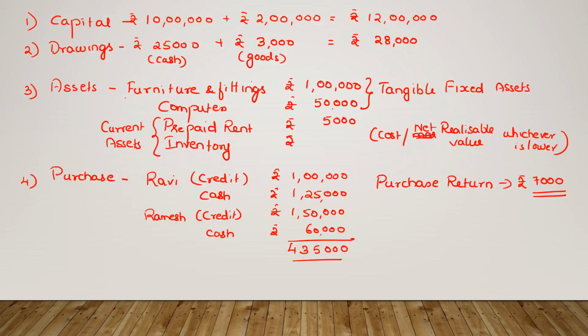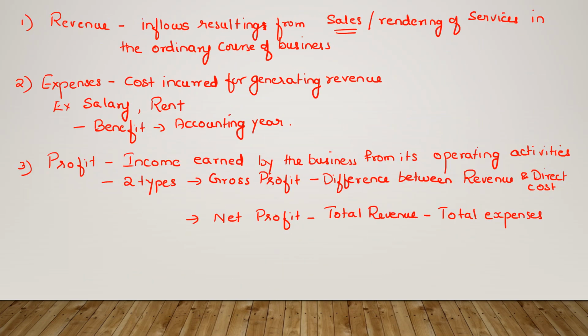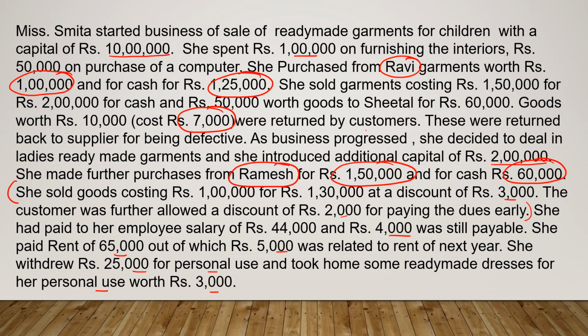Moving further, next we will learn the fifth, which is the sales. Let us calculate the sales. Look at the example. Here, if you see, she sold garments costing 1,50,000. This costing will be helpful in valuation of inventory to know what is the cost of the goods sold.